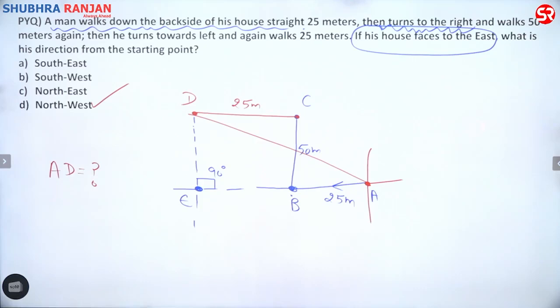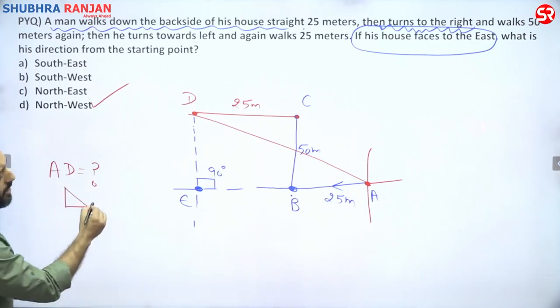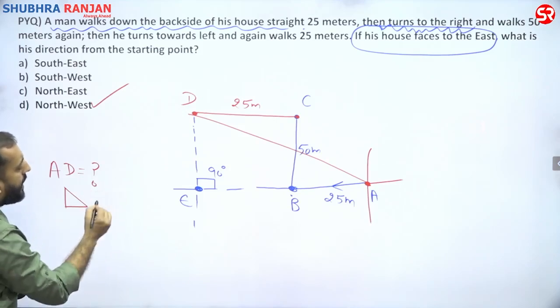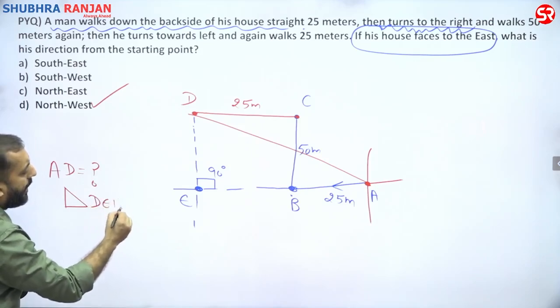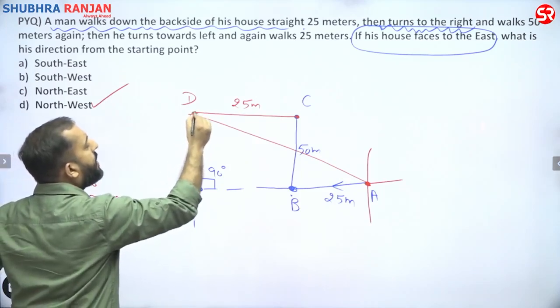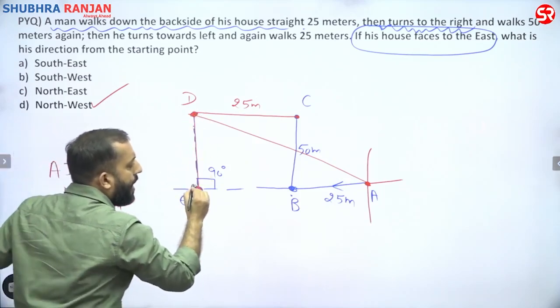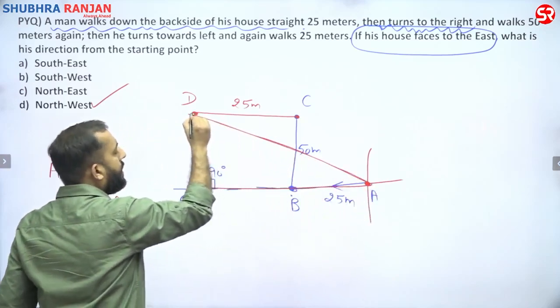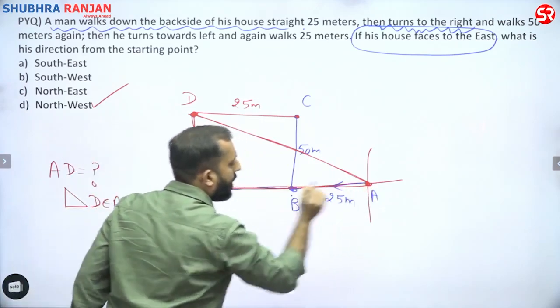Clear? Now, pay attention to right angle triangle DEA. This is point D, this is point E, and this is point A. Right angle triangle DEA.